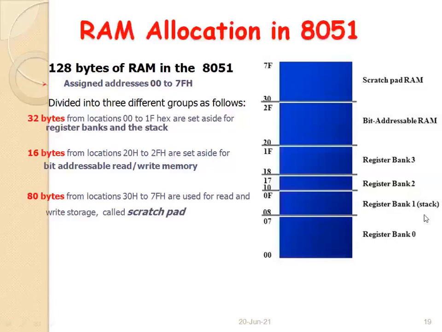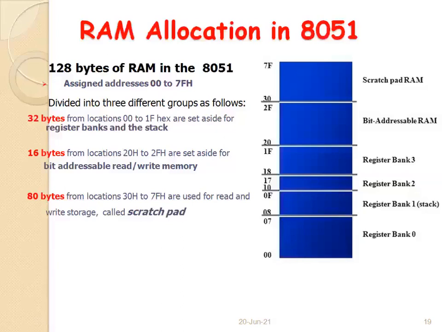So the stack and bank 1 have coincided. Before switching on the device, the reset value of the stack pointer is 07. Whenever I switch on my device, the stack pointer value becomes 08 because it is incremented by 1. It is just like a critical situation which is appearing now.